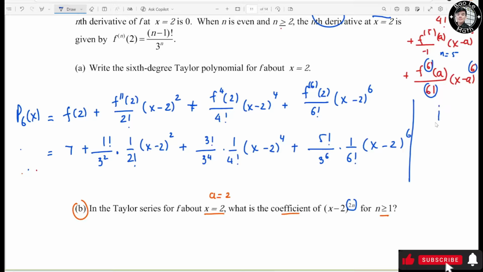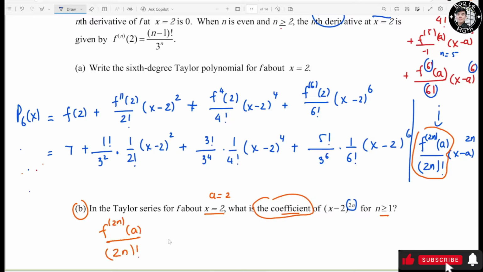If I generalize this one, it's actually the 2nth derivative of the function f at s equals a over 2n factorial times s minus a raised to the 2n. Now the coefficient is this guy right here. They ask you to find the coefficient.